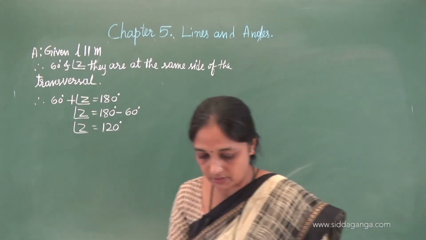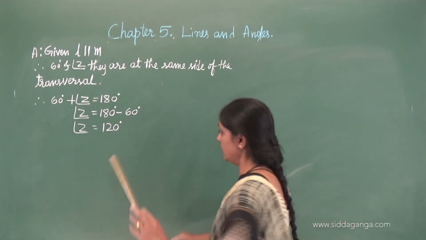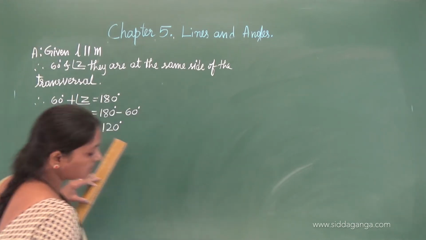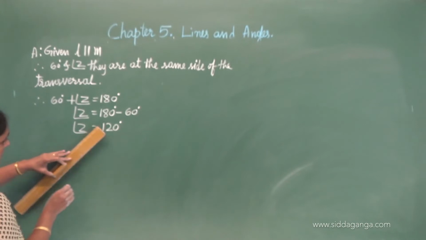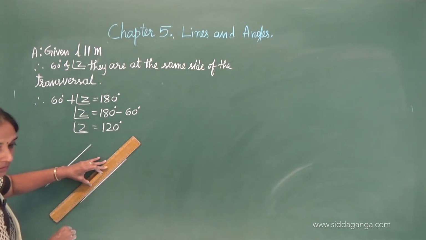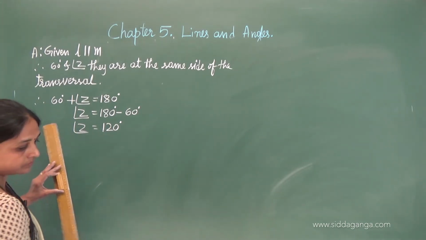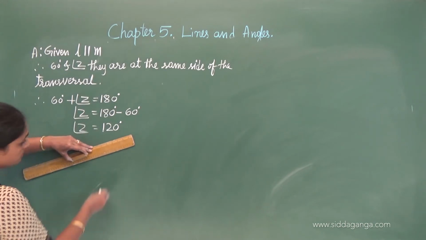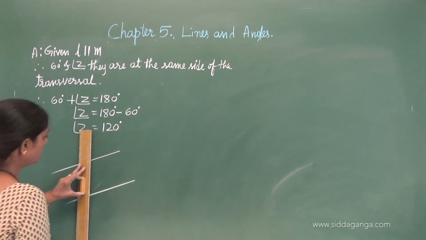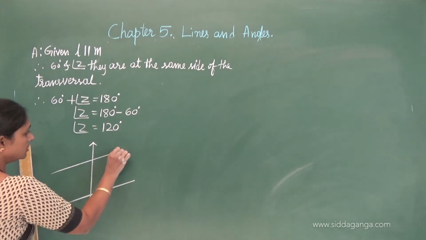The fifth one given is, here also they have given two lines which are parallel to each other, line L and M. I write here. Okay, and it's a transversal.